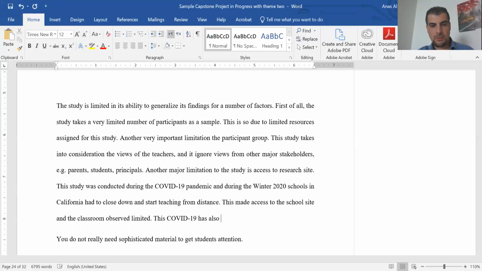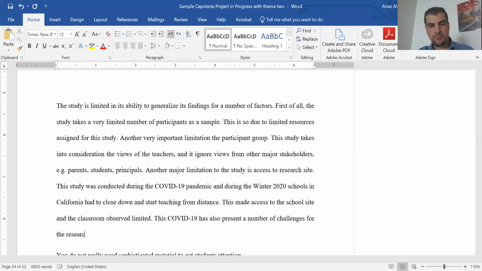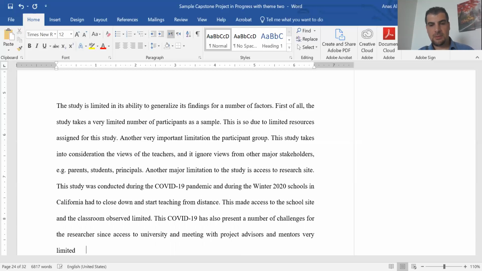COVID-19 has also presented a number of challenges for the researcher, since access to the university and meeting with project advisors and mentors were very limited, and supervision had to be performed from a distance.